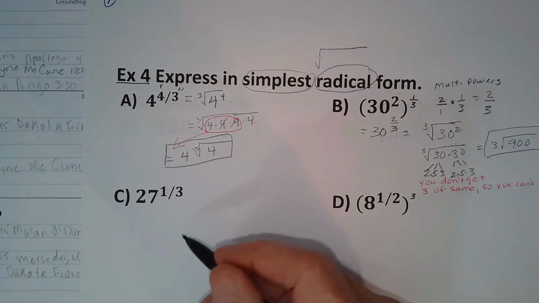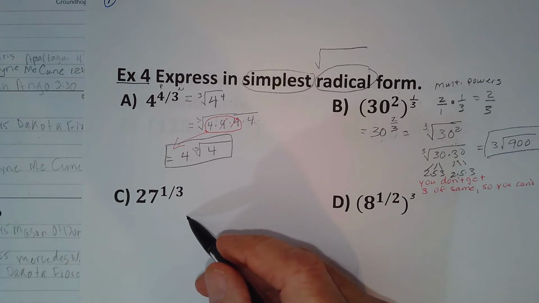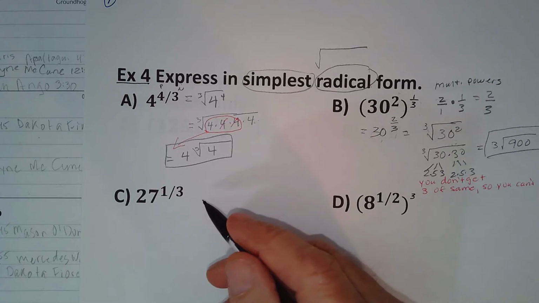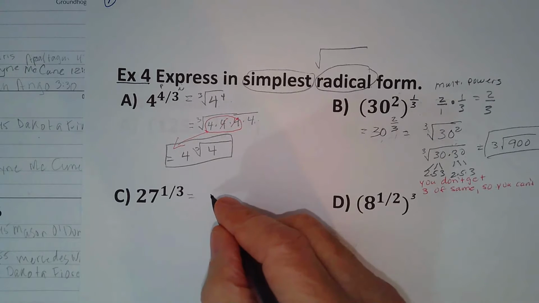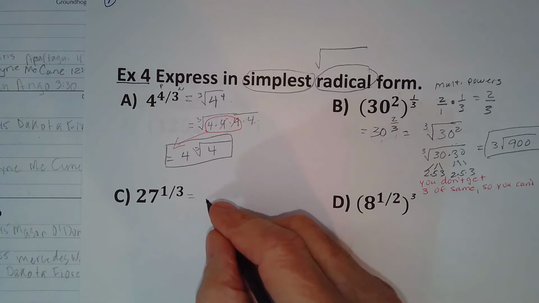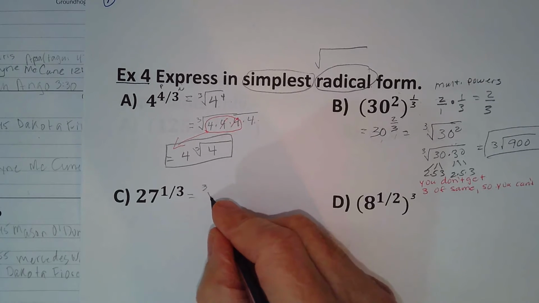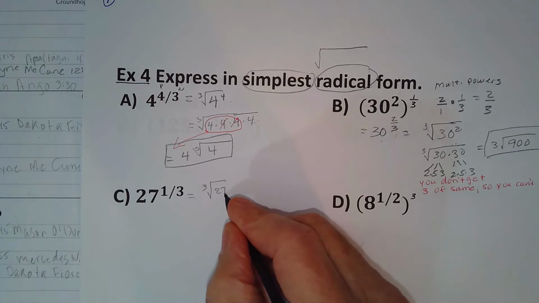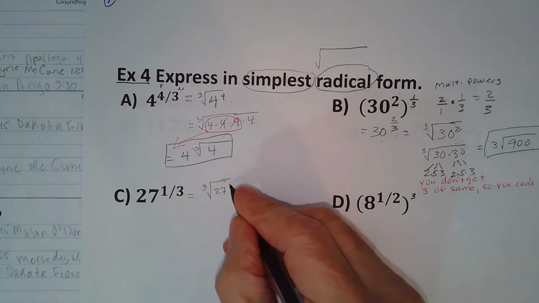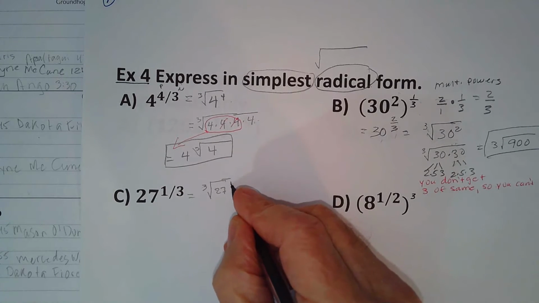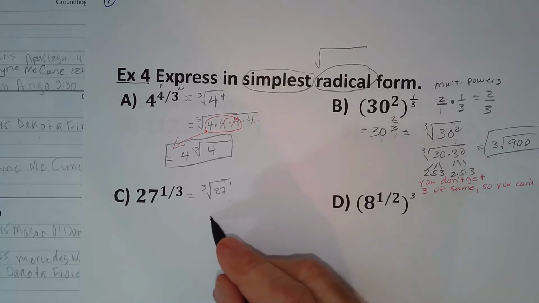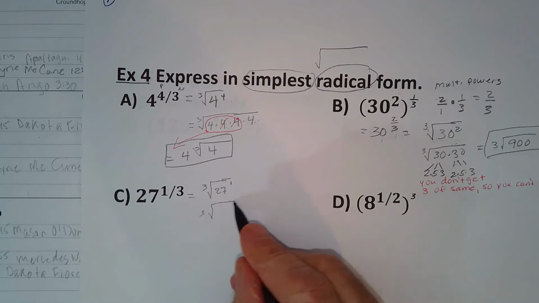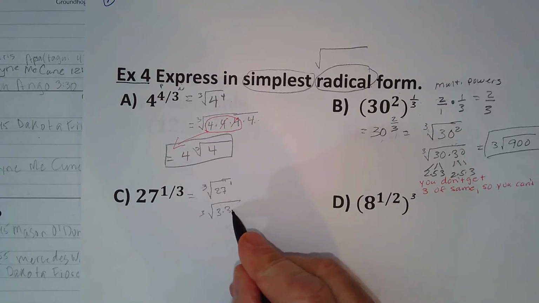All right, 27 to the 1/3. Now, it should be readily apparent that this would be the cube root of 27. And remember the 1 here, it's assumed to be right here. Okay? Now, you could factor this into 3 times 3 times 3. Cube root of 3 times 3 times 3.